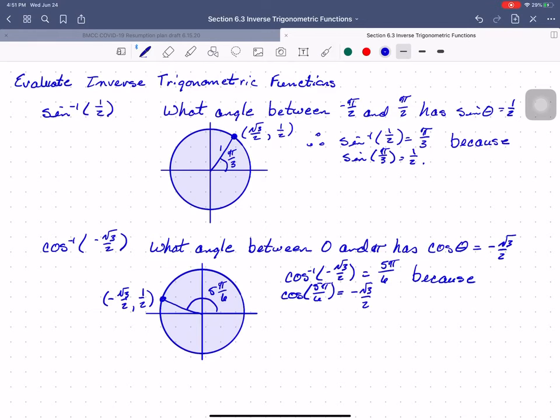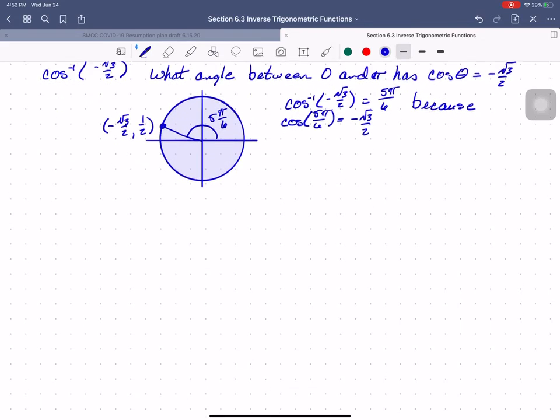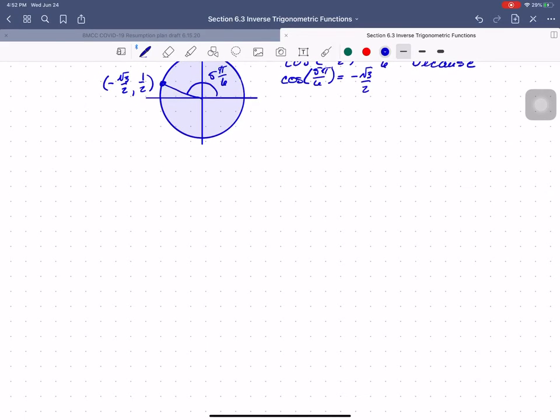Okay? Now, not always are we given such nice exact values. So suppose you're asked to evaluate the inverse sine of 0.97. Now 0.97 is not one of our special known unit circle values.